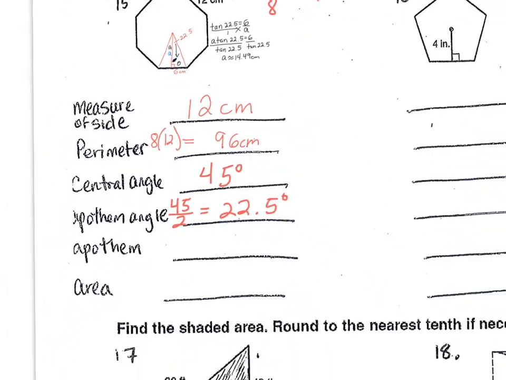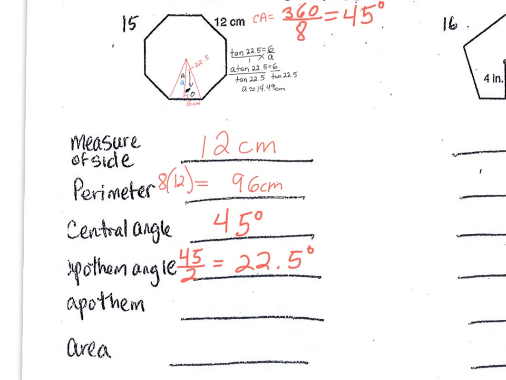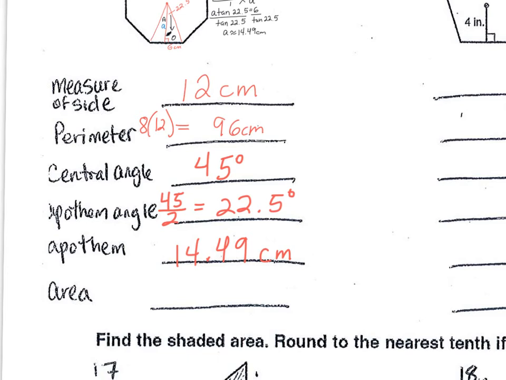So let me come back to the list over here. 14.49 centimeters. So now for the area, all I have to do is plug in all those numbers, right? So the area is 1/2 the apothem, which is 14.49, times the perimeter, which is 96 centimeters.